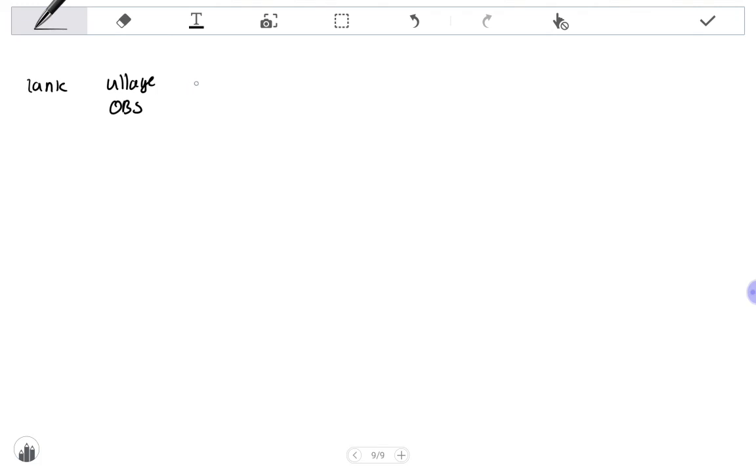And water dip, that is interface. Okay, let's number it. Corrected ullage. Now the fifth one is water dip and corrected ullage, and observed volume.